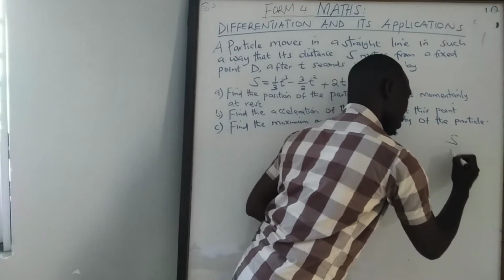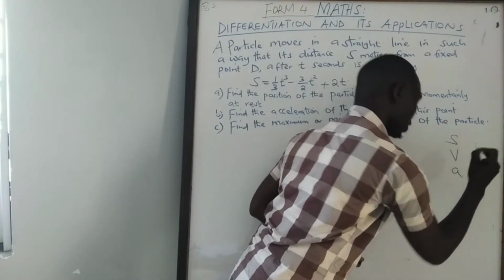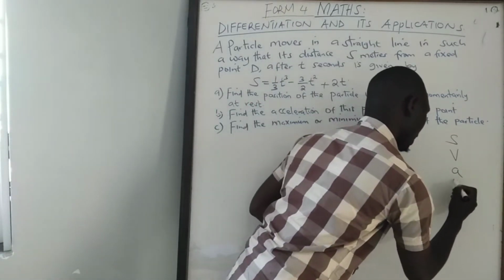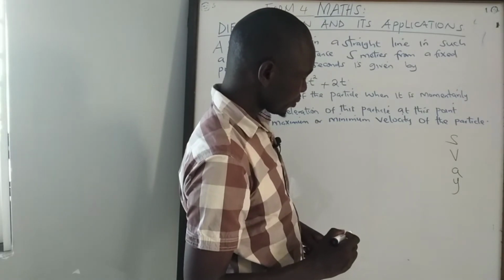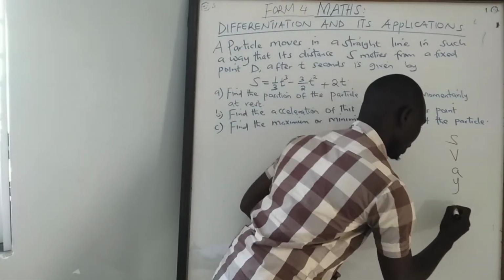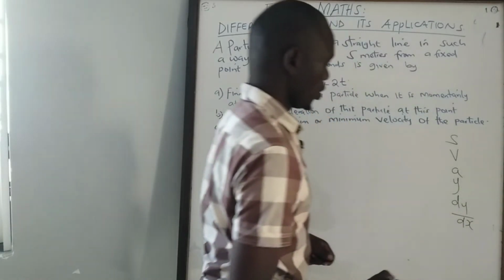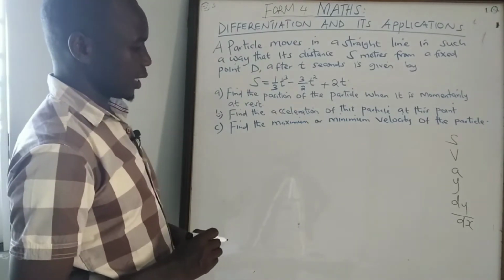It can also be a question on velocity, also a question on acceleration. It can also be a question in the form of y, and also it can be a question that deals with the change in y over change in x, which is the gradient function of that particular curve.